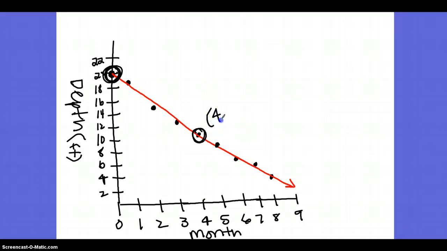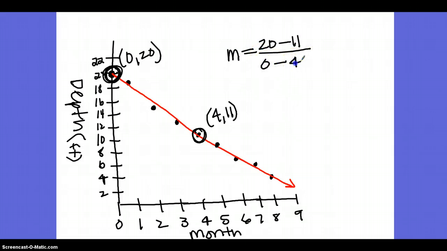Now keep in mind, if your line does not look identical to mine, go ahead and pick 2 different points. As long as it's relatively close to the slope that it should be, I'm never going to penalize you for that. So finding slope is y2 minus y1 over x2 minus x1.